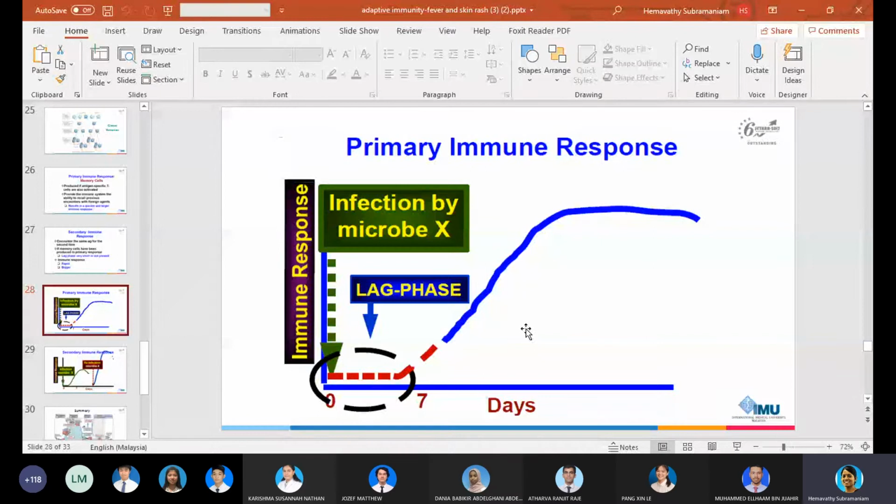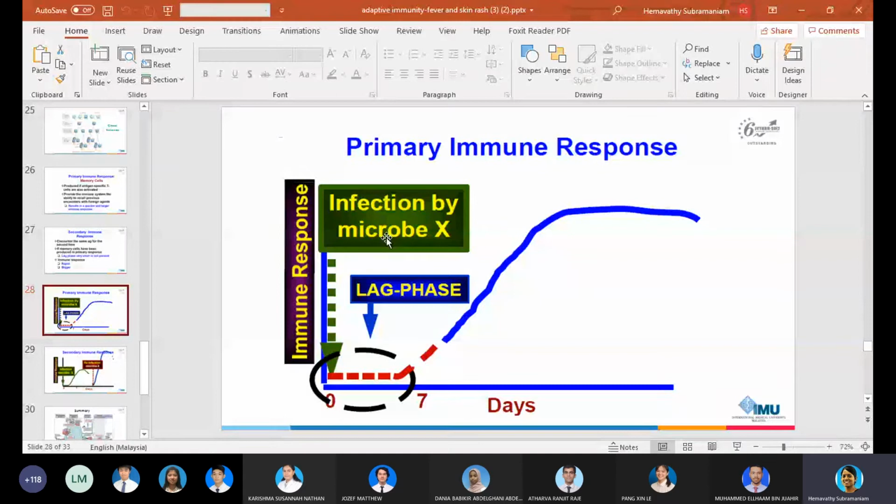So what you have here is the time period taken to provide the immune response. If you look here, from 0 to day 7, there is a lag phase. Very slow immune response or reaction. It took some time here. After day 7, only then you could see the surge. This happens because when there is first exposure, your immune system will take time to react, to recognize.